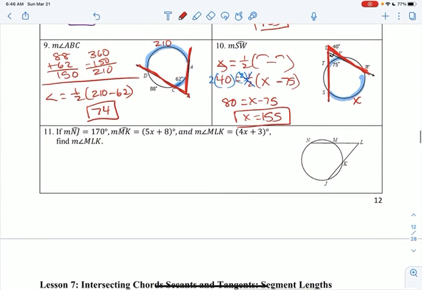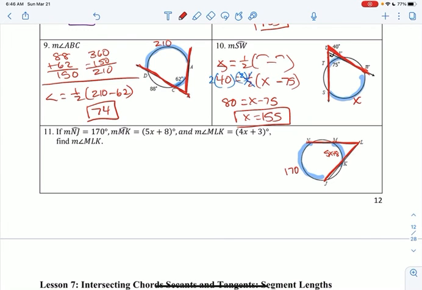And the last one that we're going to do, I'm going to show you a problem that has an equation in it. So let's just highlight all that. Let's see what we got. So arc NJ is 170. Arc MK is 5x plus 8.